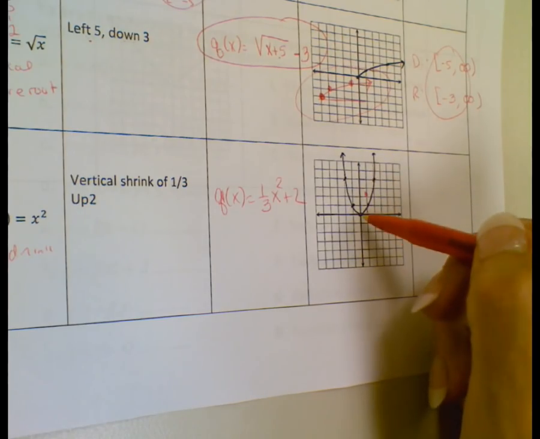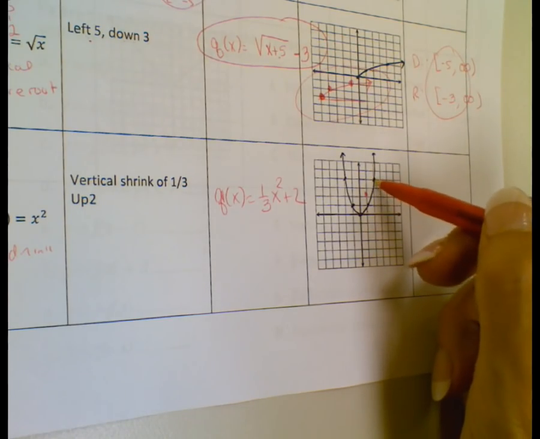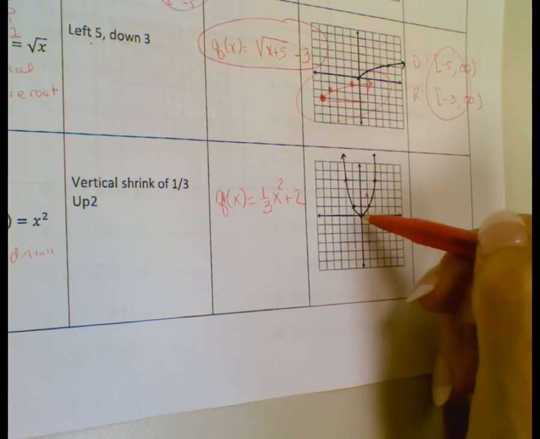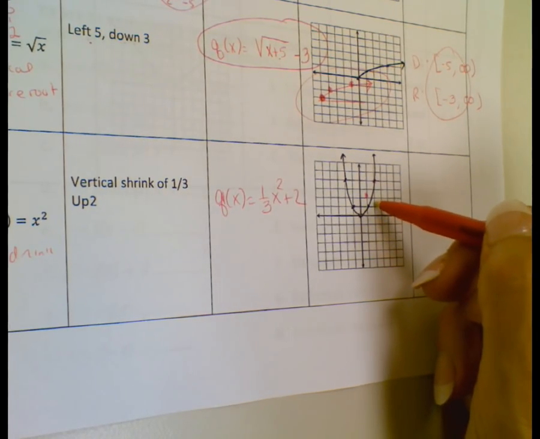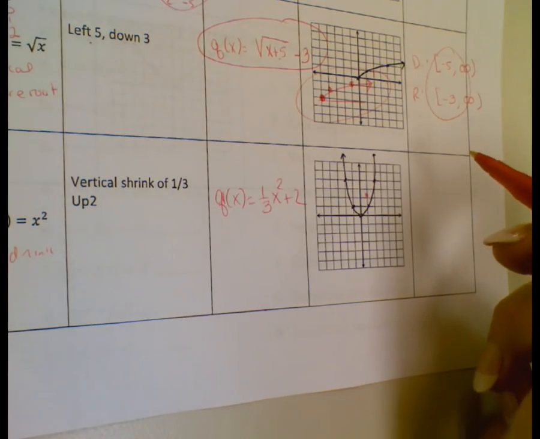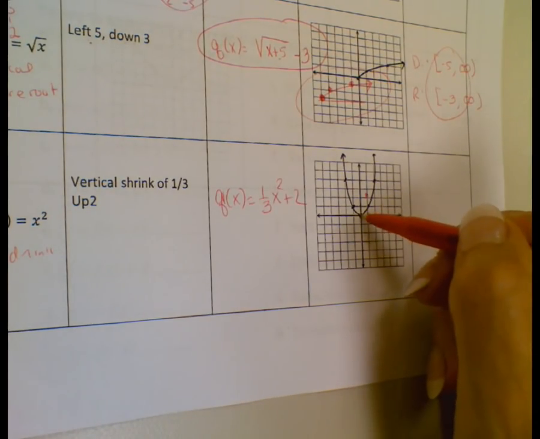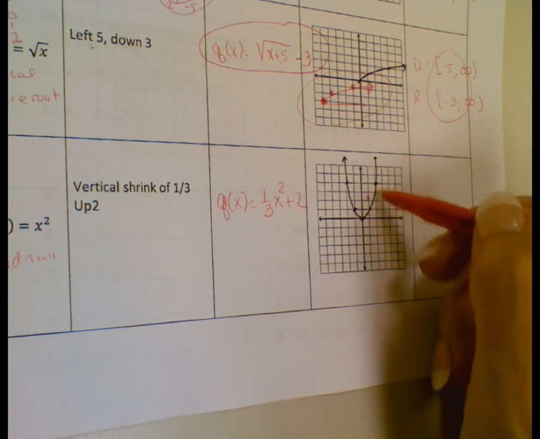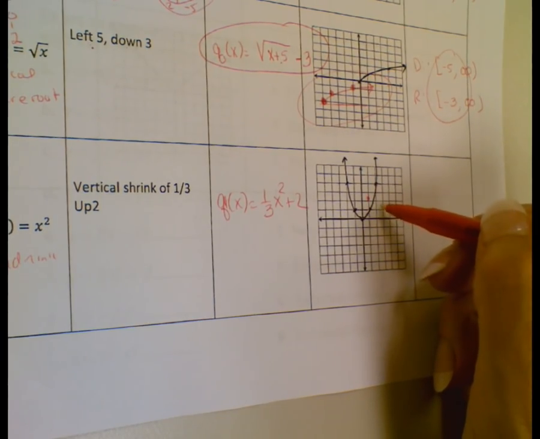This one right here was over 2 up 4. What's 1/3 of 4? 4/3, which is 1 1/3. So instead of going over 2 up 4, you're going to go over 2 up 1 1/3. Okay, does that make sense? Okay, so 1/3 of 4, if you break this into thirds, is 1 1/3, which is about right there.